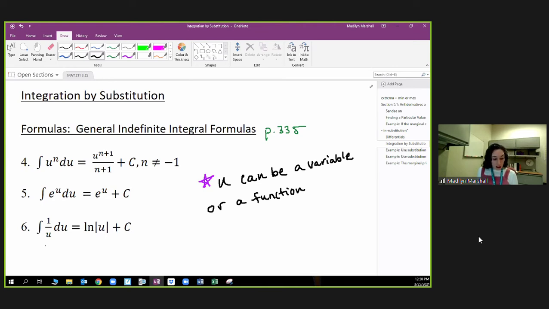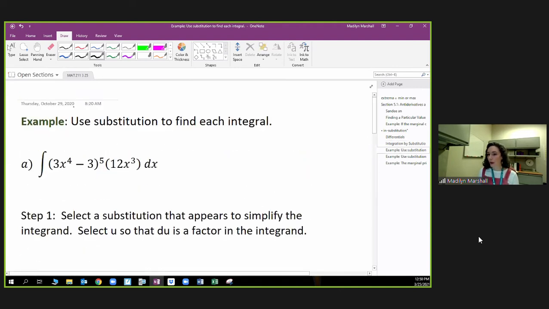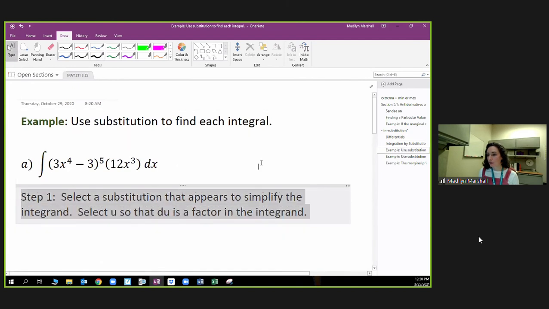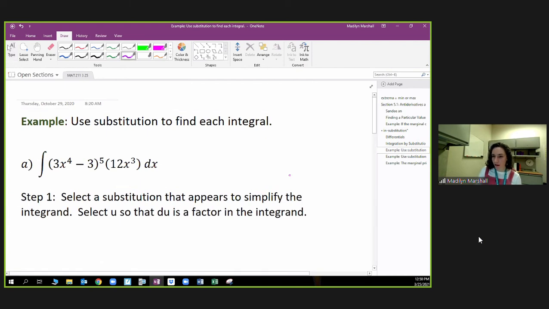So there is a procedure in the book, also on page 355, with 4 steps to the substitution method, which we are going to go through with a couple of examples. So here is our first example. And I have the 4 steps typed on the screen, but these 4 steps are on page 355 as well.